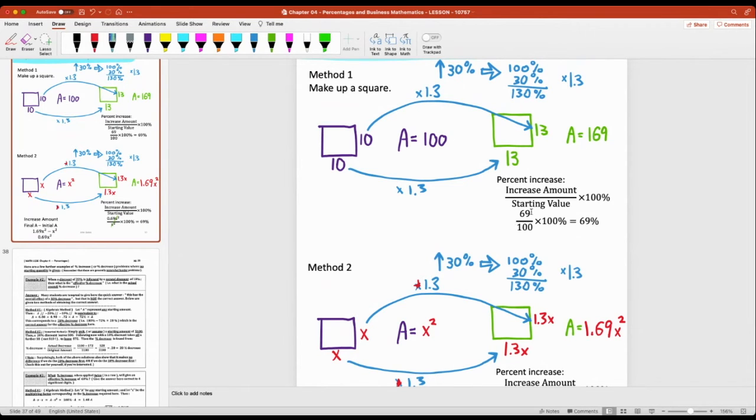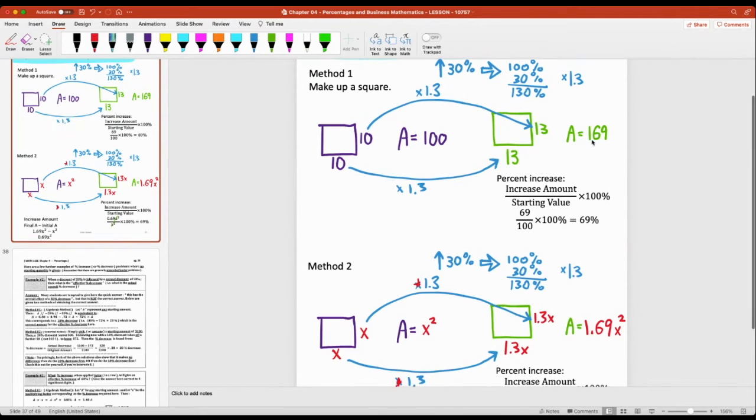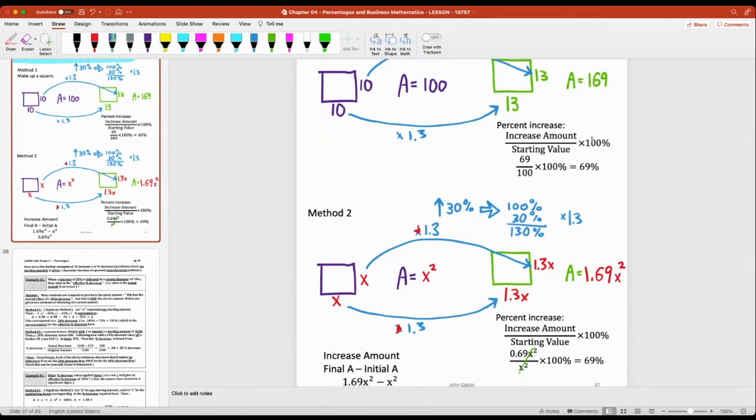Like here, we wrote 69. And nobody asked where I got 69 from because it's the increase. You just look at the numbers, see 100 and 169. But over here, the increase is x squared to 1.69x squared. So the difference is a little bit more complicated to digest. One moment, please.